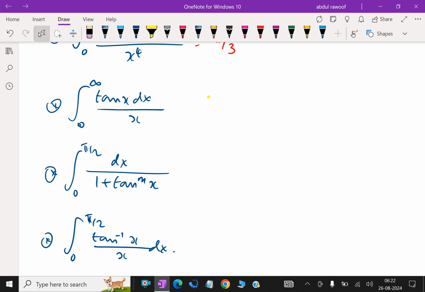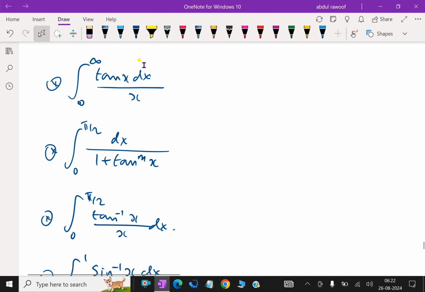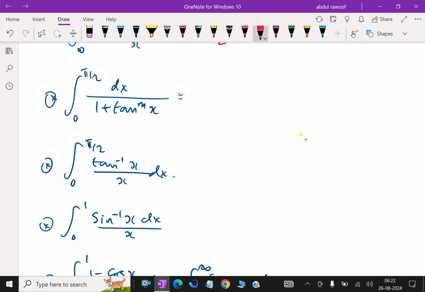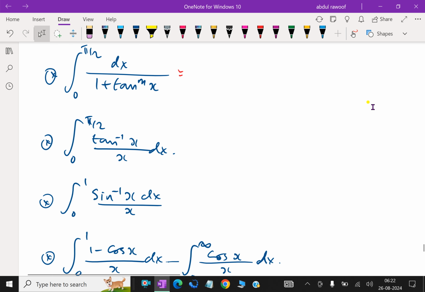Next one, integral 0 to infinity tan x dx by x is pi by 2. Next one, integral 0 to pi by 2 dx over 1 plus tan power mx is pi by 4.